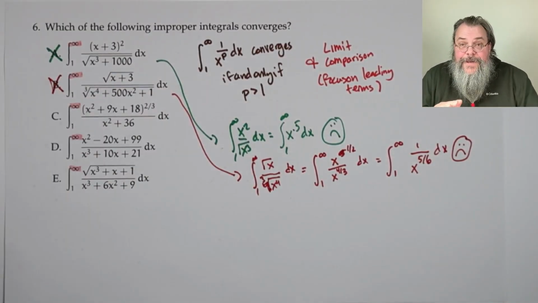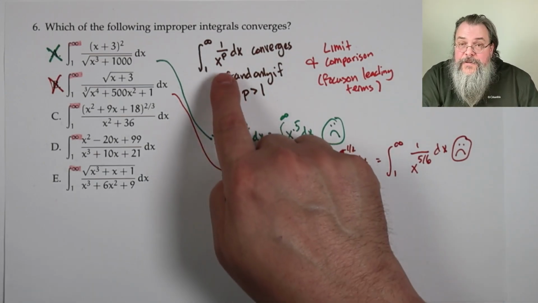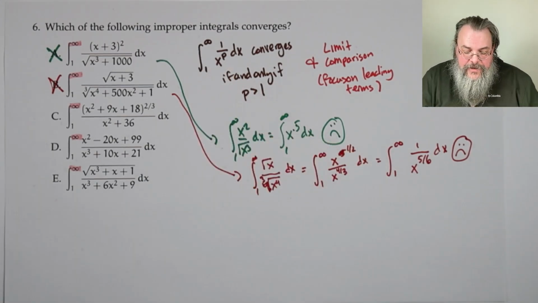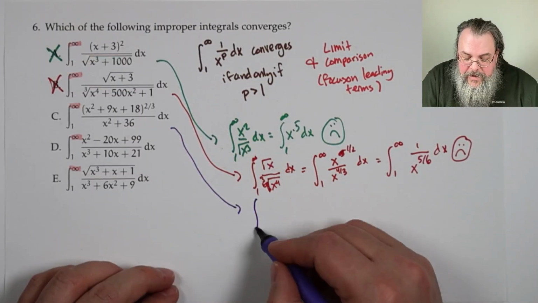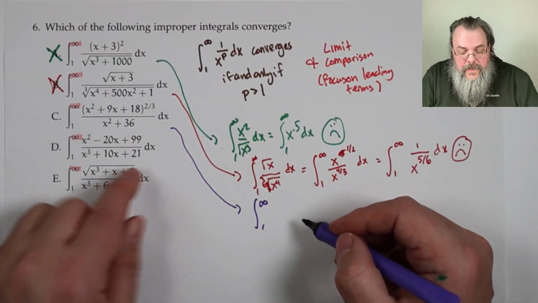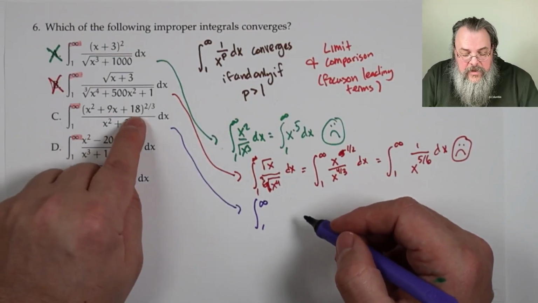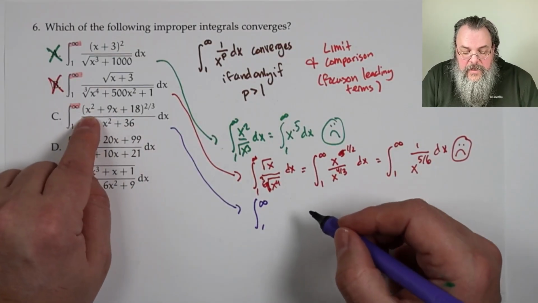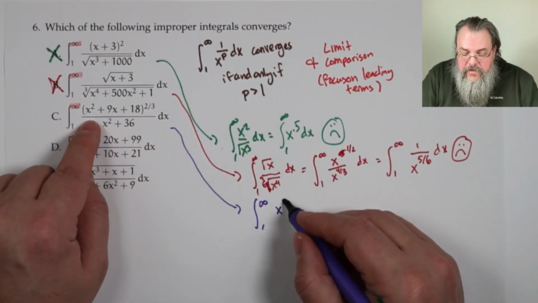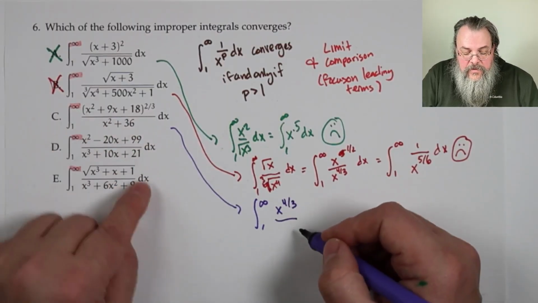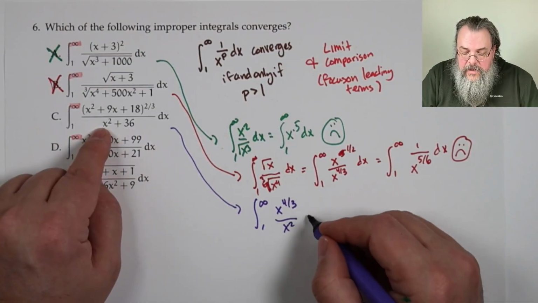Do you see our game? Drop the lower order terms and ask, what's your power of p? That will help us answer our question. Okay, so now hopefully we can start picking up our game. 1 to infinity. What do we have here? Again, 9x and 18 are small compared to x squared. Then I have x squared to the 2/3, so upstairs I have about x to the 4/3. Downstairs, x squared versus 36, the x squared wins, right?